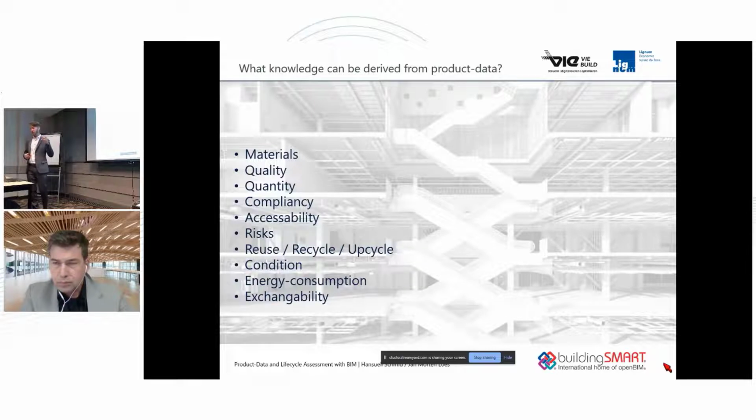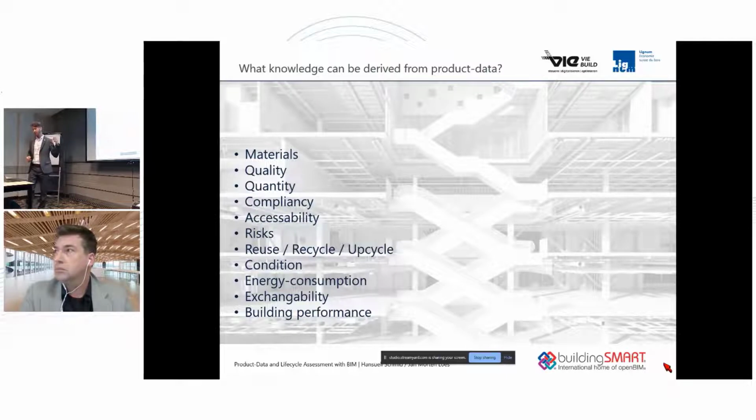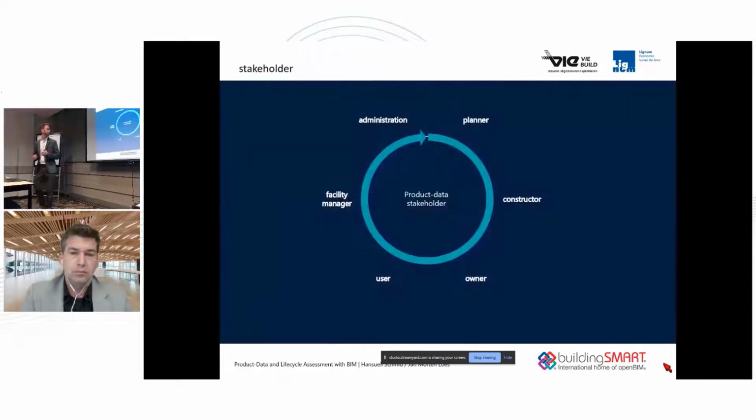If we want to reuse the building or modify it, we need to know how we can exchange specific parts, like we heard from Schmid, the elevator, which needs to be exchanged maybe 2 or 3 times during the life cycle. We need to know about it. And in the end, last but not least, how does the building perform differently if we use different products? We can simulate that ahead before we construct.